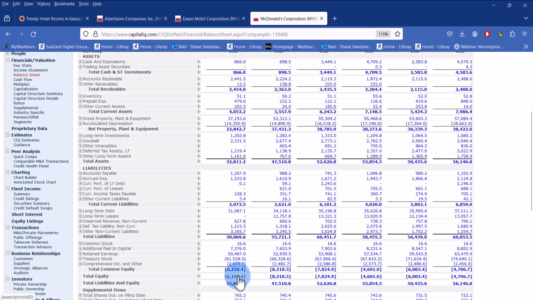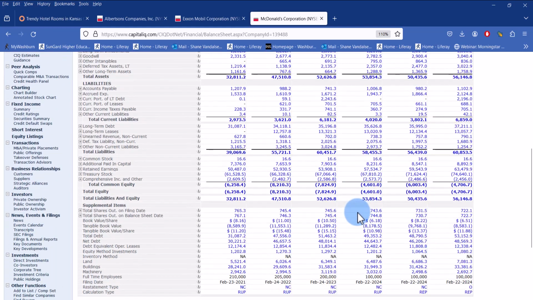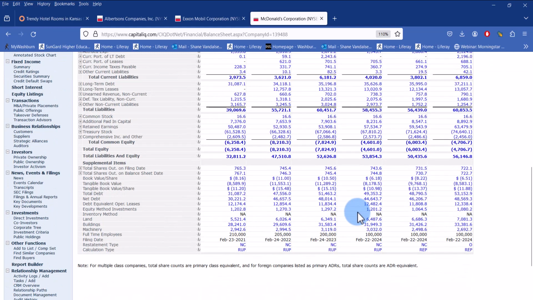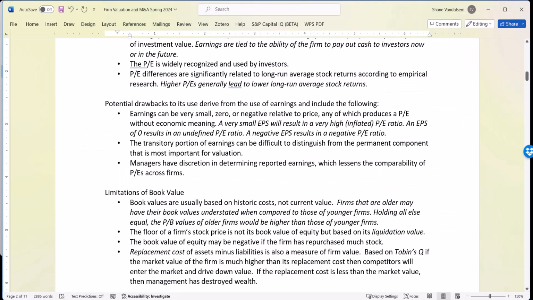You can see here the total equity is negative across the board, and McDonald's is a fairly healthy company, but the reason they have negative book value of equity is because they've repurchased a lot of stock over the years. They use the treasury stock method, which is a contra equity account, and as a result, the book value of equity is negative for the firm, and so the price to book ratio would not be a useful number when looking at McDonald's.